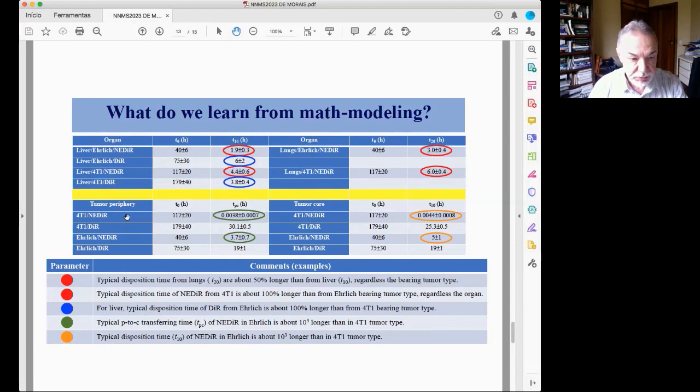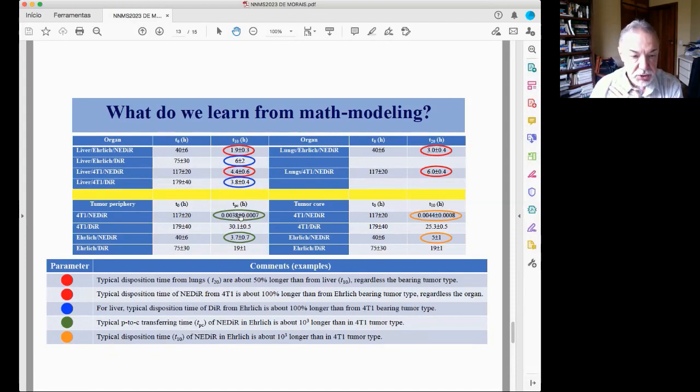If you look at the tumor, you can compare the typical transferring time from one compartment to the other, which means transferring from the tumor shell to the tumor core. You can see a huge difference.